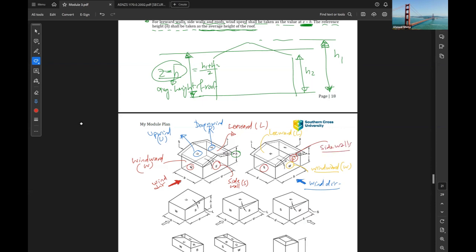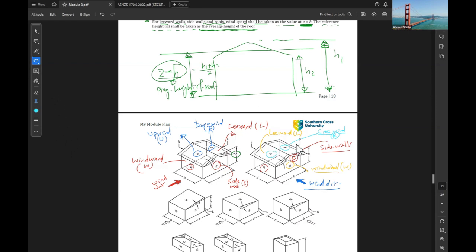But here, the slope of the roof is not facing the wind. So here we call the roof R, or crosswind. So R is the crosswind if the wind is coming parallel to the slope.